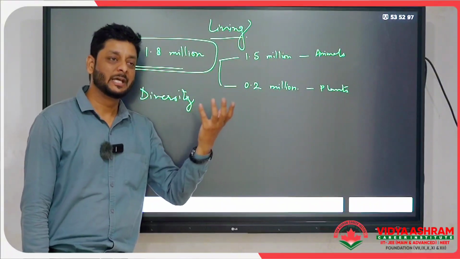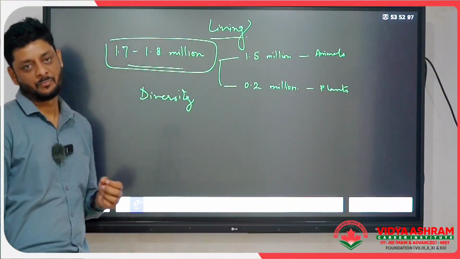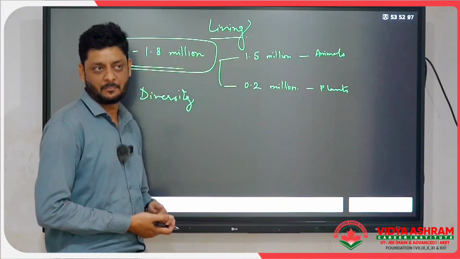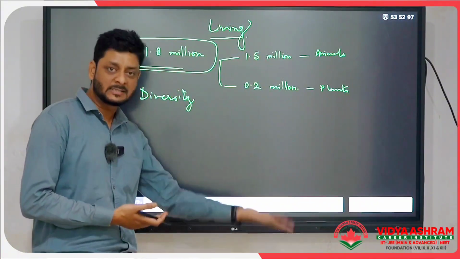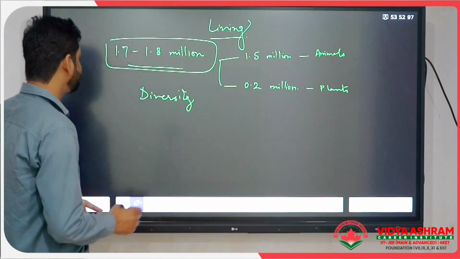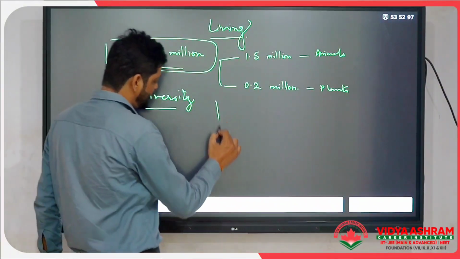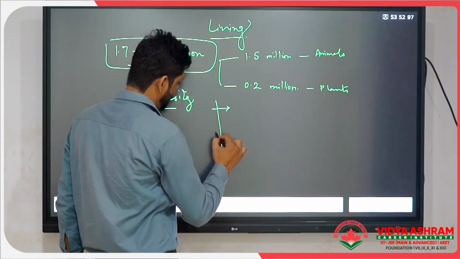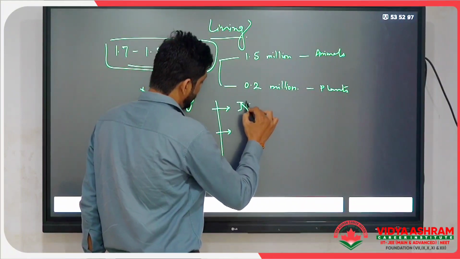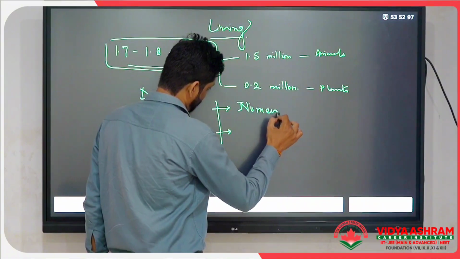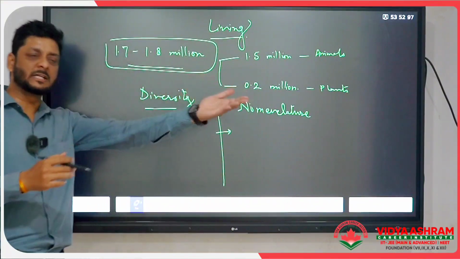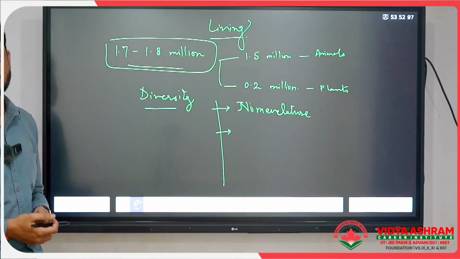How do we study all of them? There is a need to classify them, to categorize them, to understand them at a certain level. So we need to do certain things, such as nomenclature. We have to give a name to the organisms.